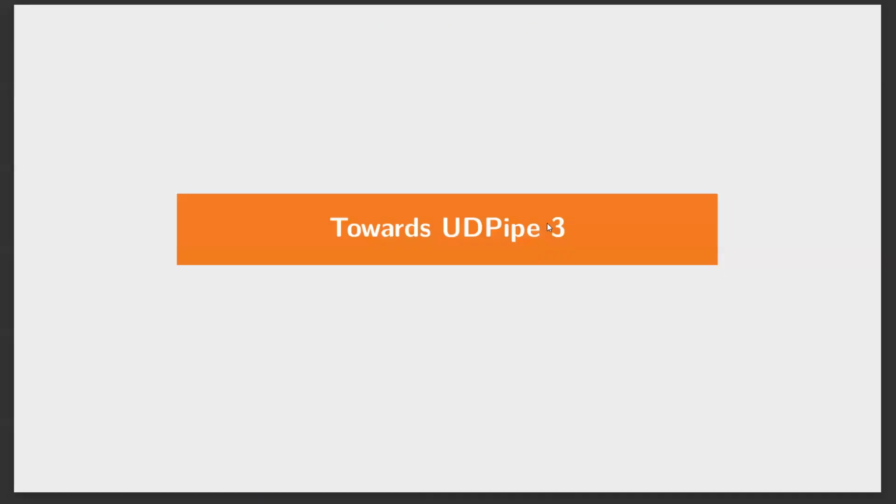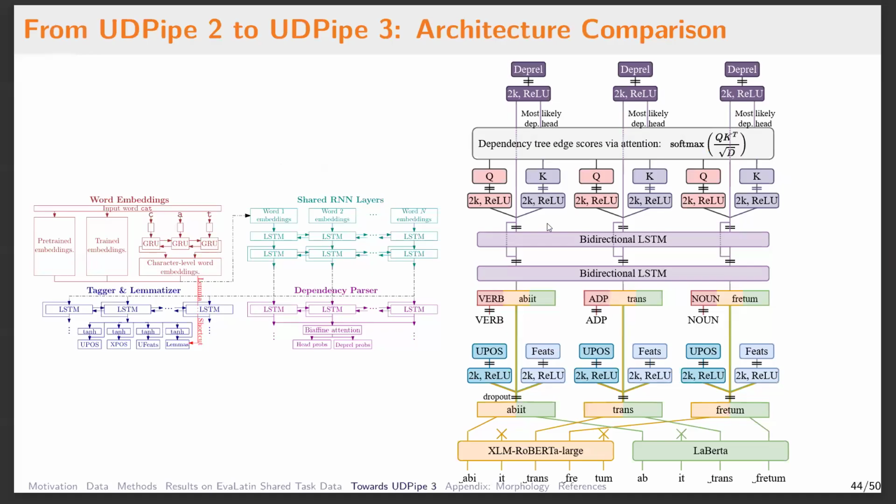And to sum up, where we are on the road towards UDPipe. This is for fun, a comparison. I have a weird sense of fun, I know. On the left side, we have the UDPipe 2 architecture, and on the right side, we have the UDPipe 3 architecture.